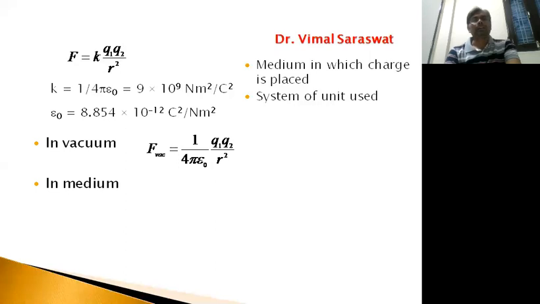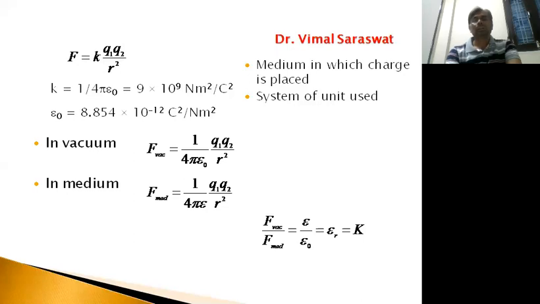And if there is a medium between Q1 and Q2 and the permittivity of that medium is epsilon, then the force between them, F medium, is equal to 1 upon 4 pi epsilon Q1 Q2 upon r square. Now from these two equations, for F vacuum upon F medium, Q1 Q2 upon r square will be cancelled out. 4 pi will be cancelled.